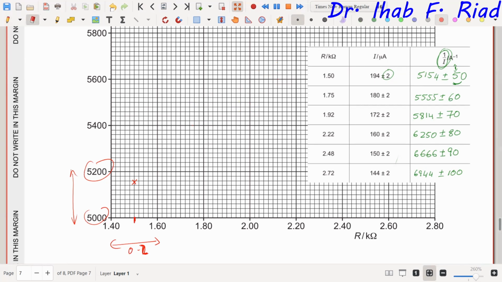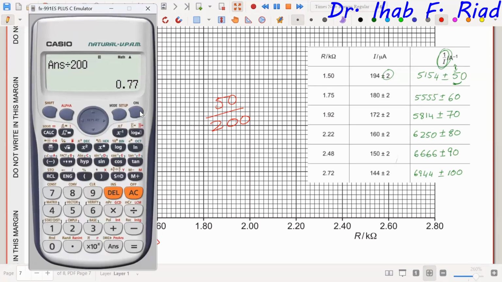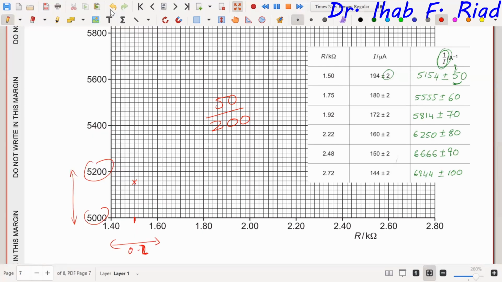What about the error bars? So we have 50 divided by 200. What do we get? 0.25. Meaning what? 2.5 steps above and 2.5 below.